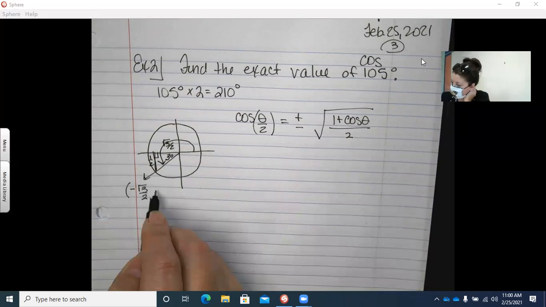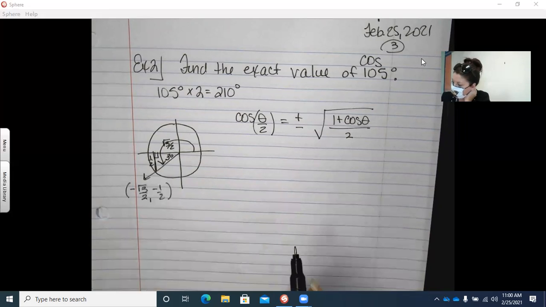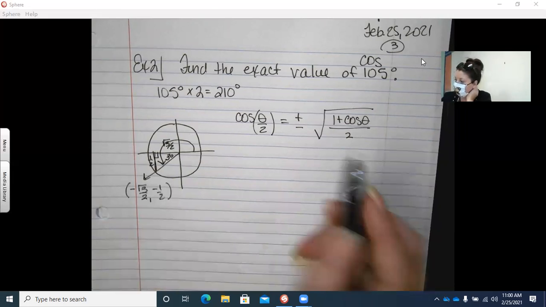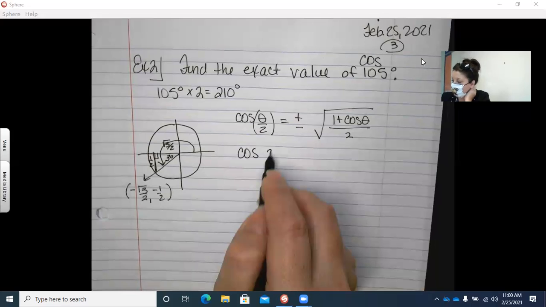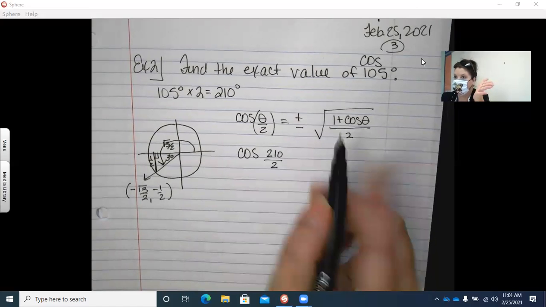So we're going to find the cosine. What am I putting in for theta? 210, because 210 divided by 2 is 105. Equals positive or negative. At this point, we could say which one. We're finding the cosine of the 105 degree angle, right? What quadrant would that be in? 2.